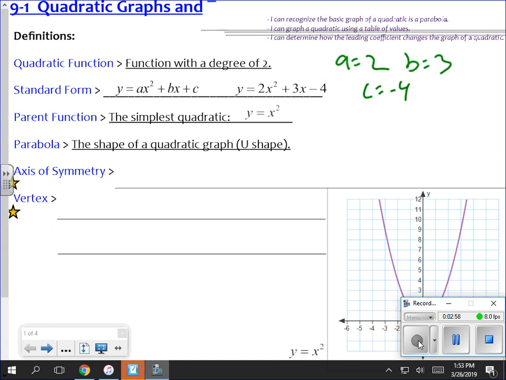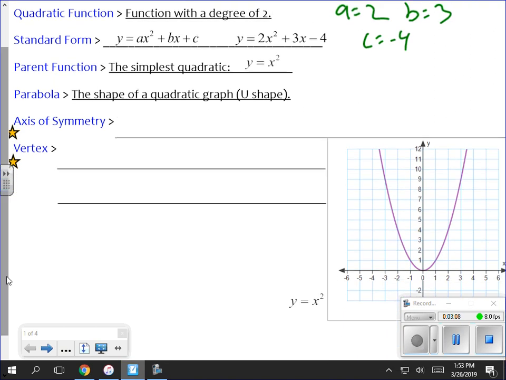A parabola. Guys, parabola, that's the shape of a quadratic equation. It's U-shaped, that's a parabola. That is the parent function. That is the simplest form of a quadratic that we have. That's the simplest equation. That is the simplest graph of a parabola.